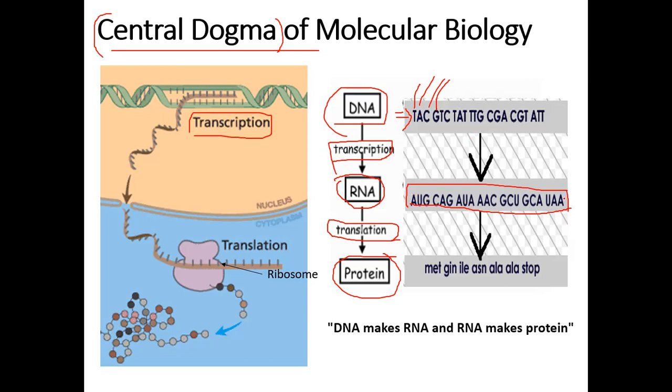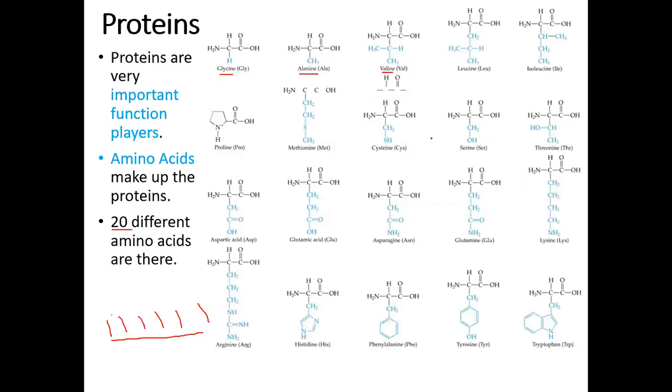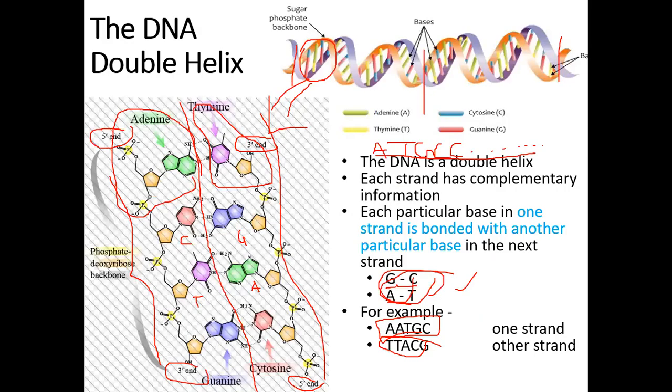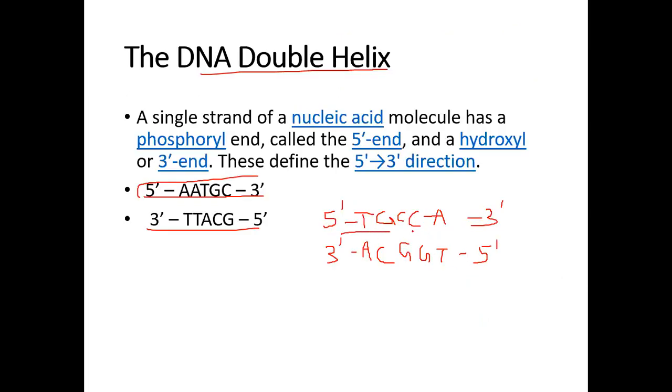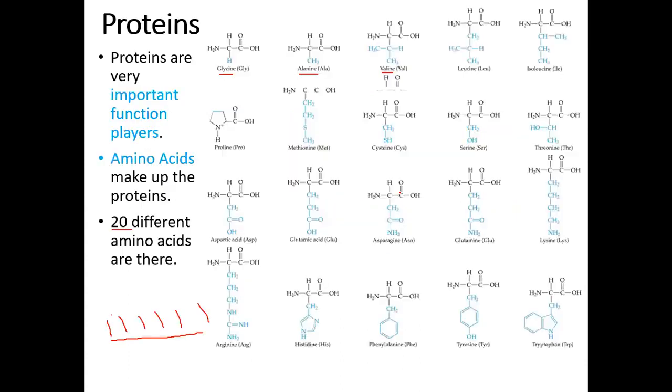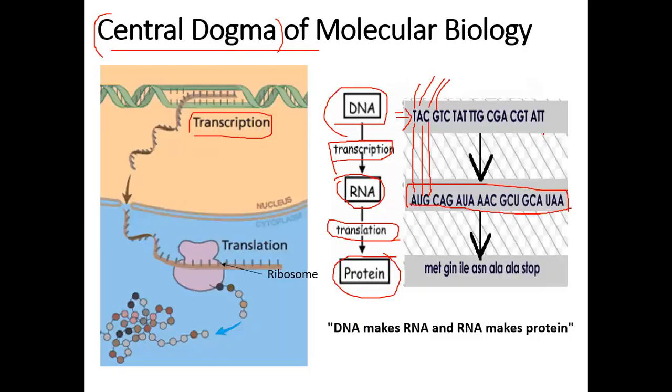So how is this copied? This is the complementary strand. A pairs with U, C with G, likewise. Now you can't see T in RNA. You can see U instead. G would be replaced with C, A would be replaced with T. So the copy is actually a complementary strand of this.